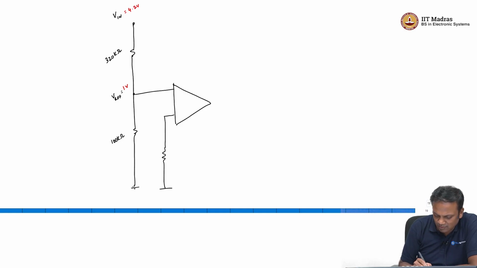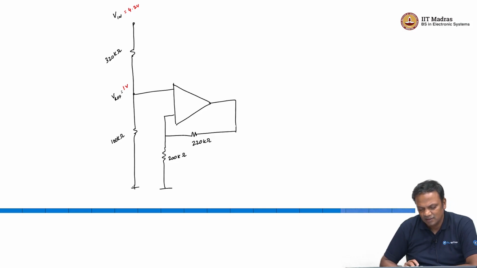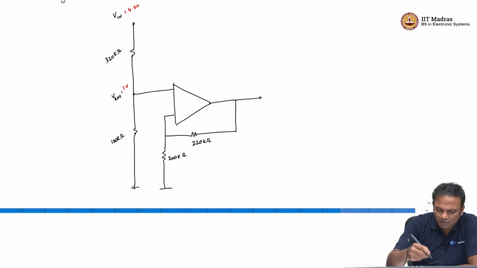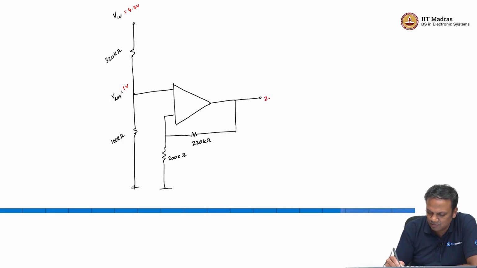So, what I will do is I will make this let us say 200 kilo ohm, and this is 220 kilo ohm, right. So, it will make sure that when V in is 4.2, this voltage will be 2.1 volt.